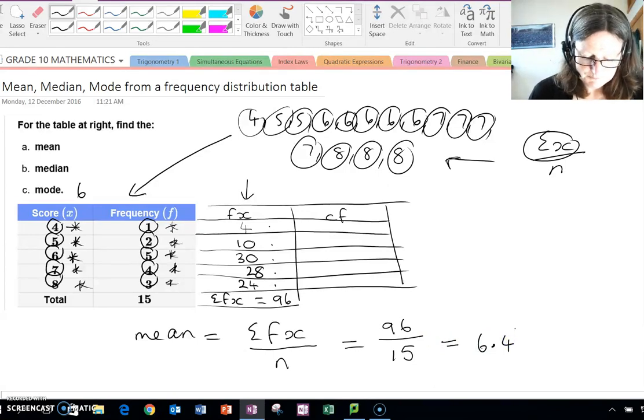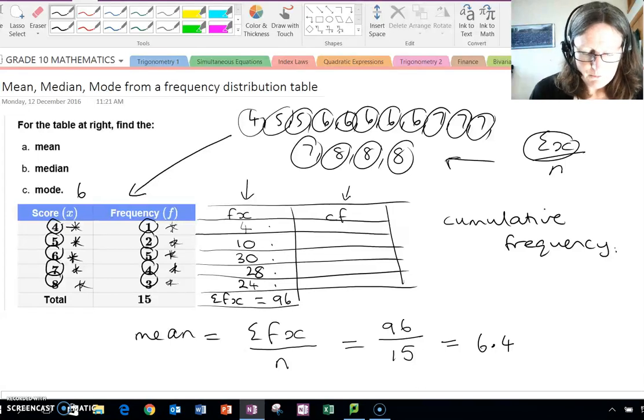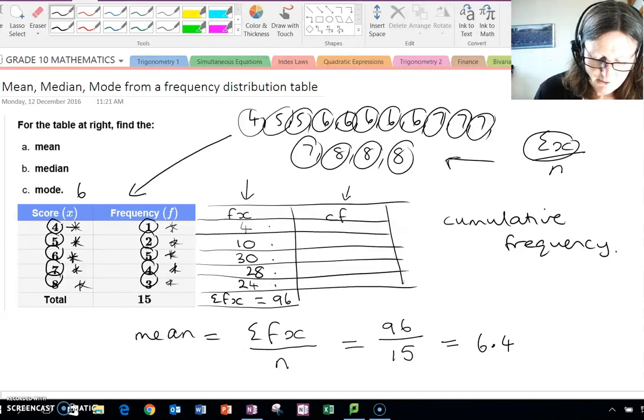Our median. To work out our median, we add another column. It's called the CF column, or the cumulative frequency. You'll see it written short, CF, very often. So with the cumulative frequency, we say, how many scores are there that are 4, our lowest? Well, there is 1.